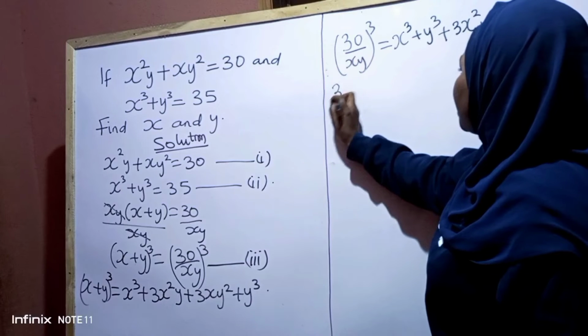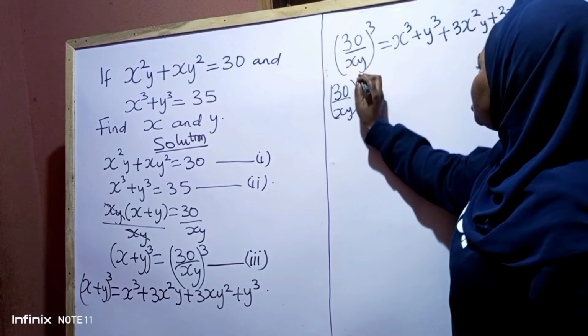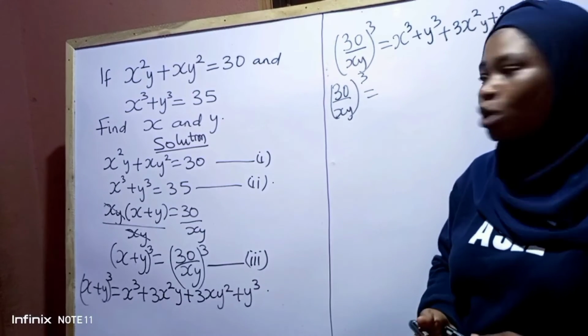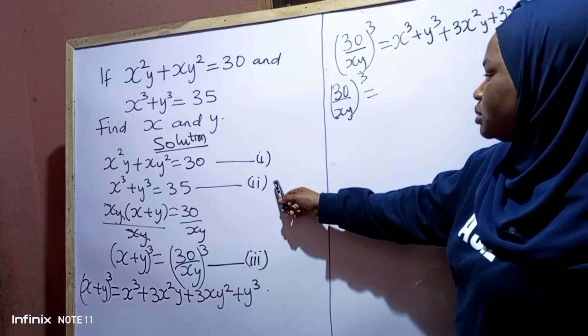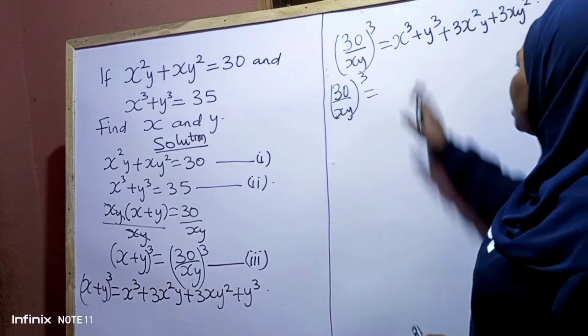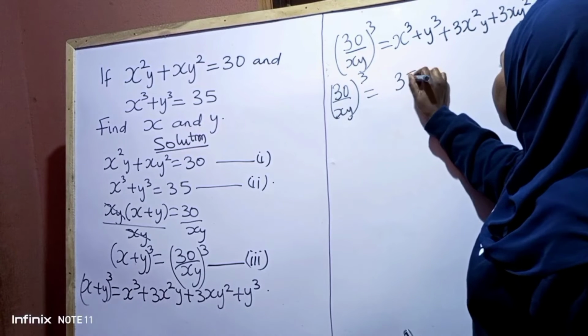Let's rewrite 30 over xy, all cubed, is equal to... anywhere I see x cubed plus y cubed, I'm going to put 35 there. That is equation 2: x cubed plus y cubed is equal to 35.